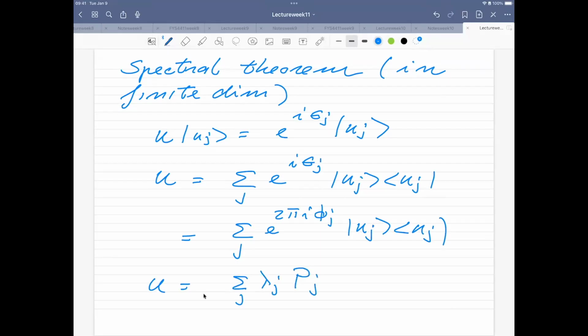And this operator P_j is simply given by |u_j><u_j|, and lambda_j here is simply e to the power of i theta_j. So what we typically say then is that this P_j projects onto the eigenspaces, which are defined by the basis and correspond to a specific eigenvalue.